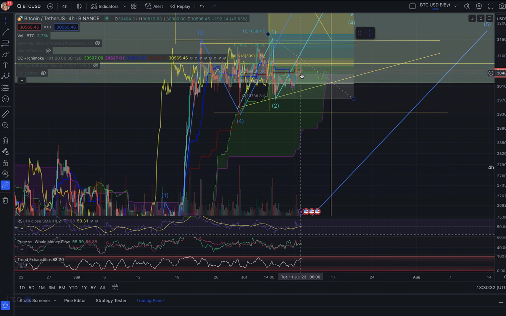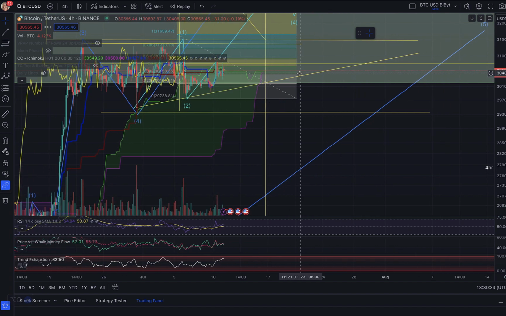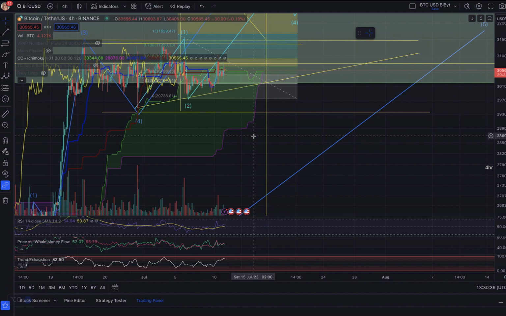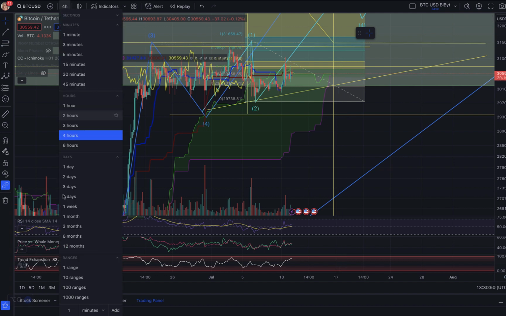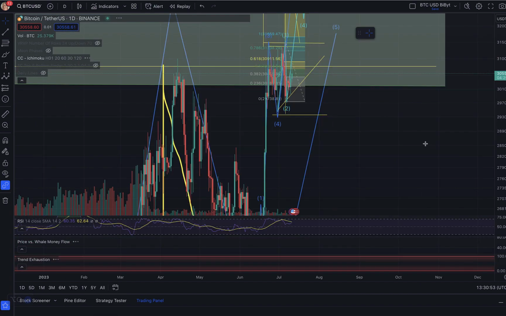You can see it in here. Then we know that, and we get up above this green cloud, like we get up above this resistance that we're in, we know that we've got some bullish momentum coming in, and that'll push it up into those top ranges. So let's zoom out on the daily and just see where we're at.